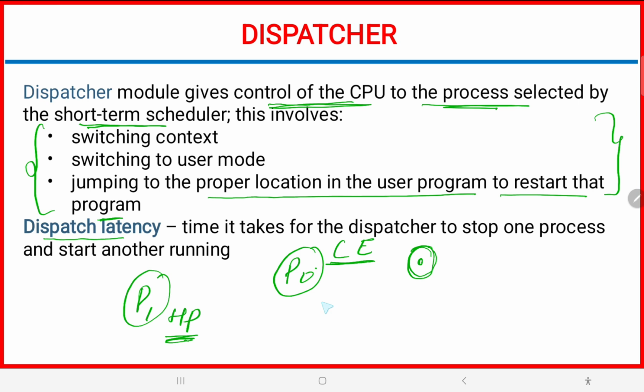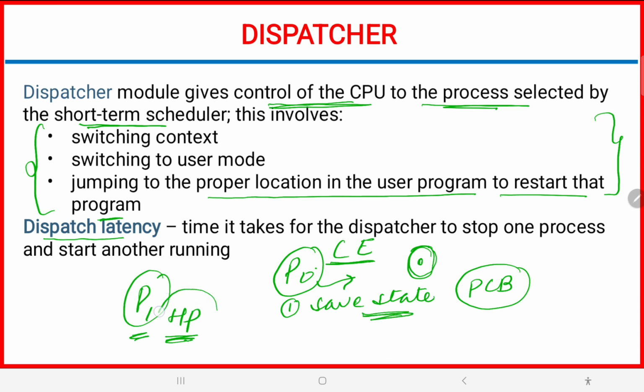When we are stopping this process, that means first of all, before the control is transferred to another process for execution, some exercises need to be performed in between. One of them is that we need to save the state of the currently executing process. That is, the process control block in whatever state it is at that time when this process P0 was executing and it was stopped, that state is saved.